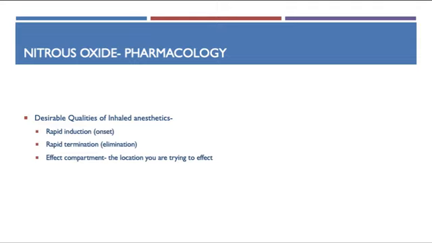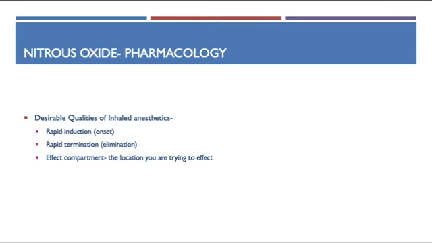We want nitrous oxide's effects to actually reach the central nervous system, and certain qualities of the gas allow this to occur. For example, the uptake, distribution, and elimination of nitrous oxide occur at a much faster rate than the injectable local anesthetics.